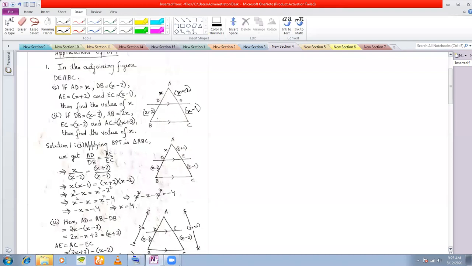Okay. Now, once you see that this straight line DE is parallel to BC, the BPT must come to your mind. So it is given to you that DE is parallel to BC.